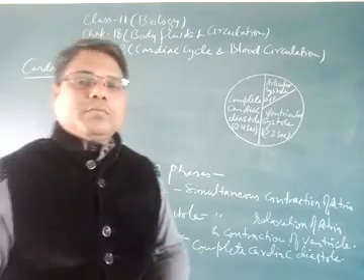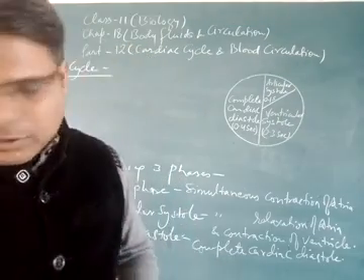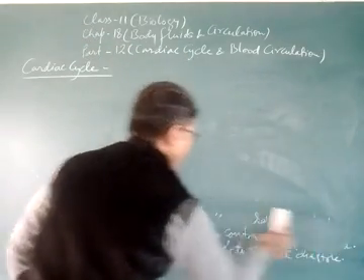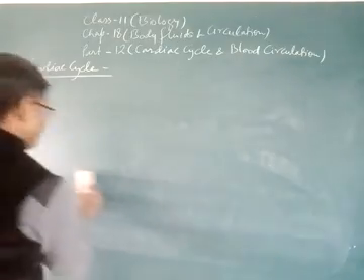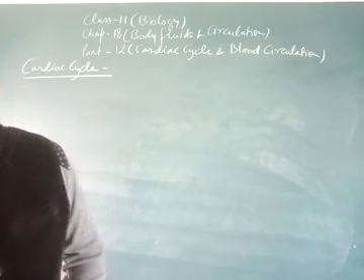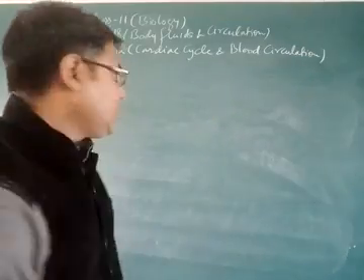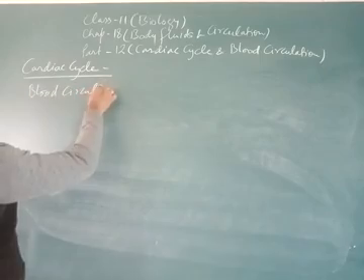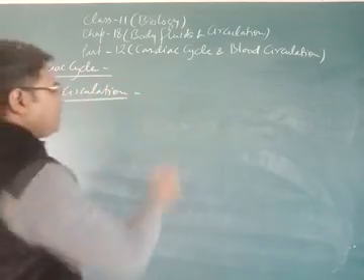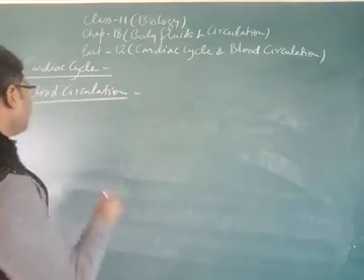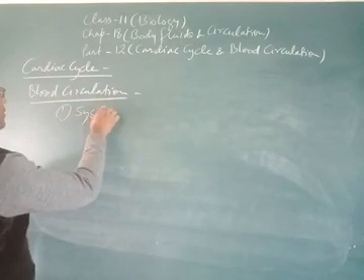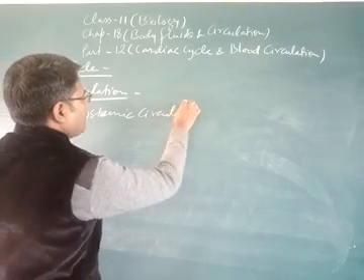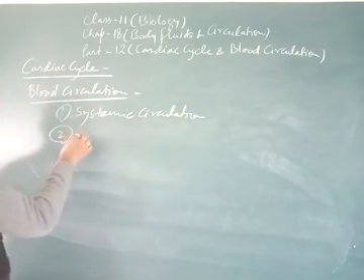Now blood circulation, students. It has 2 phases, which you already know: systemic circulation and pulmonary circulation.